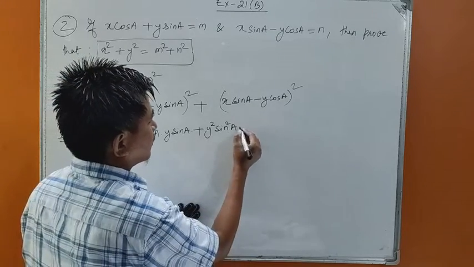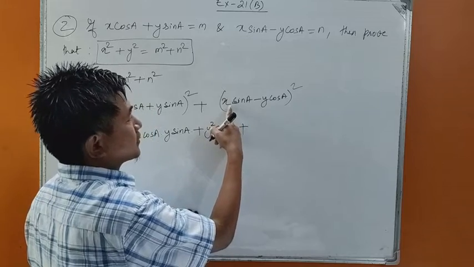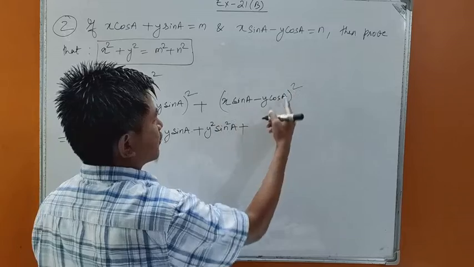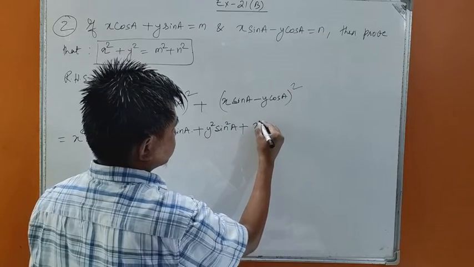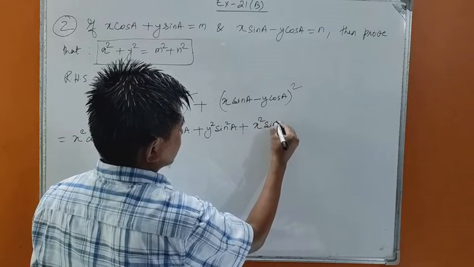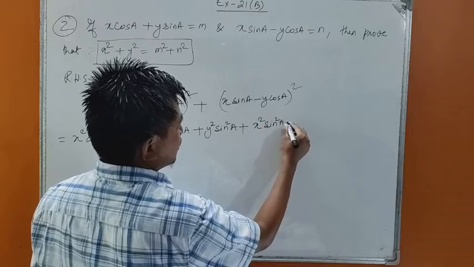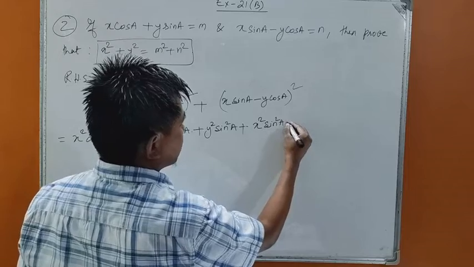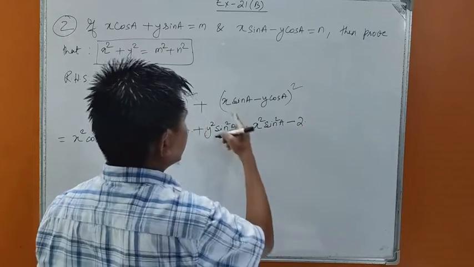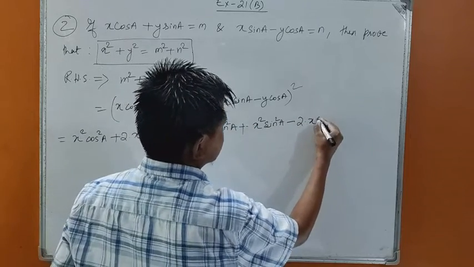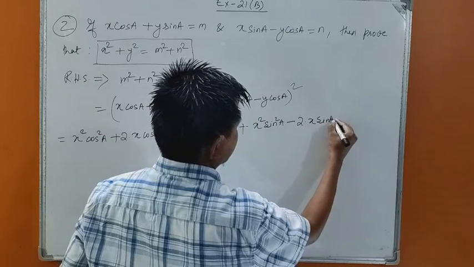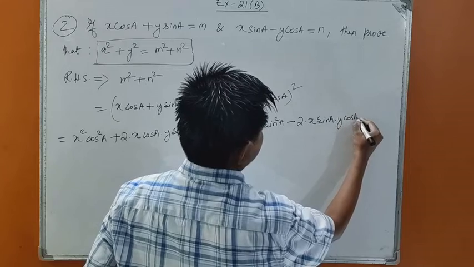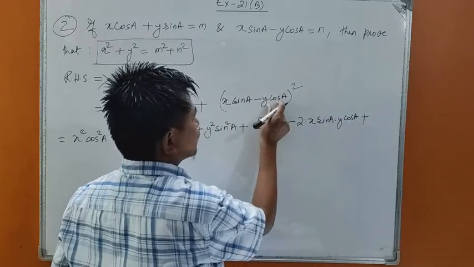Plus here we have a minus b whole square. Let me write this properly. Here x sin a is a and y cos a is b. A minus b whole square means a square, which is x square sin square a, minus 2ab, where a is x sin a and b is y cos a, plus b square, which is y square cos square a.